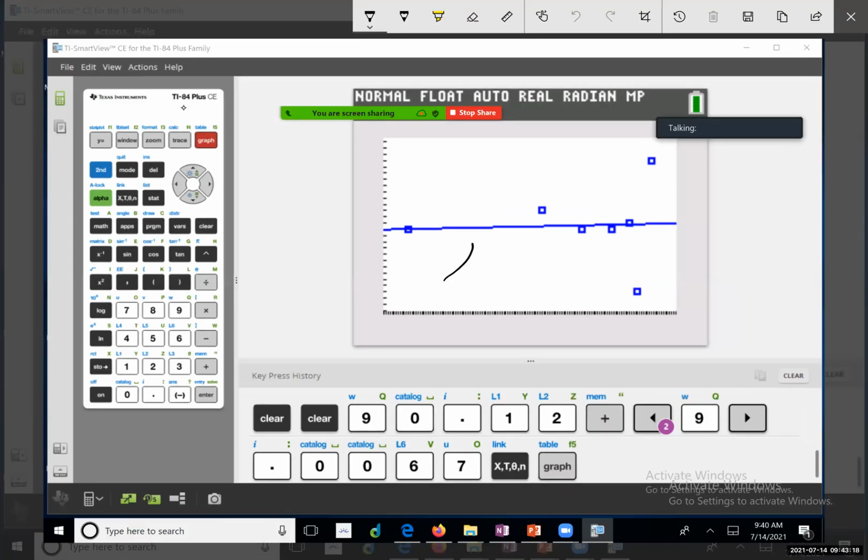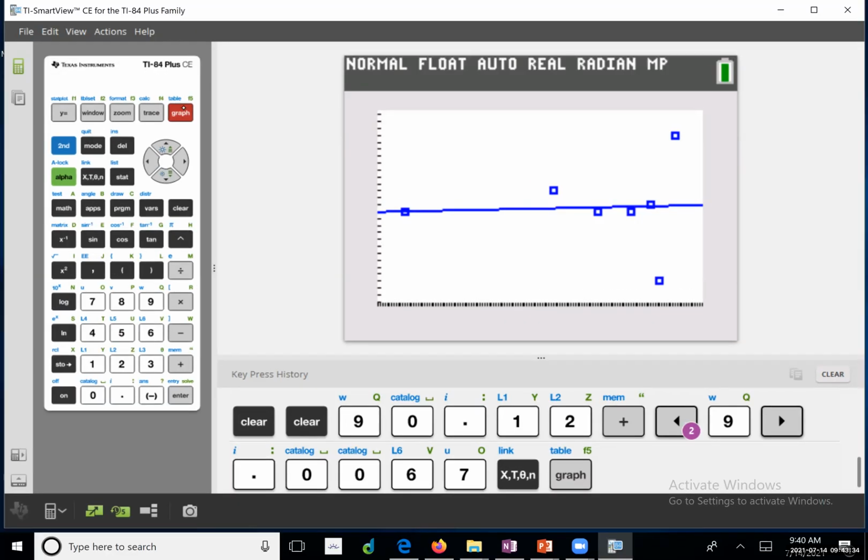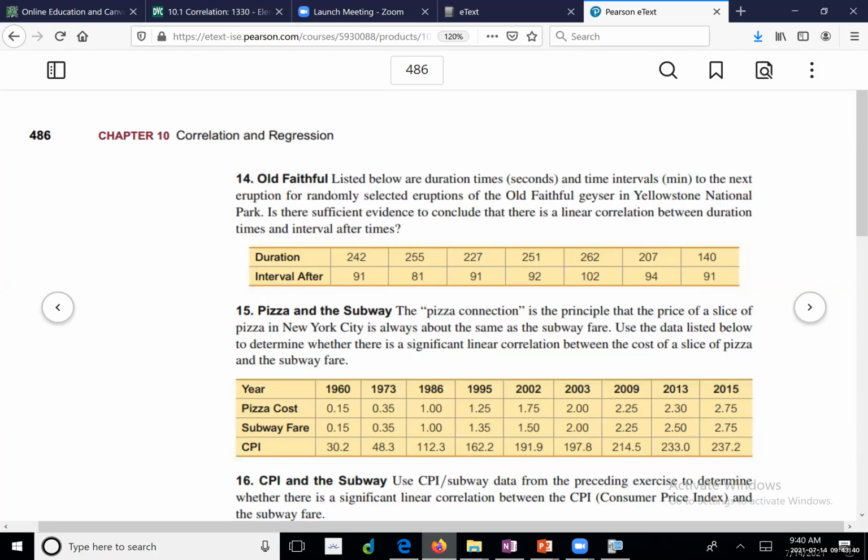That's a line that best fits these points. Okay, so I hope you got some view of what to do here. Let's do another one.